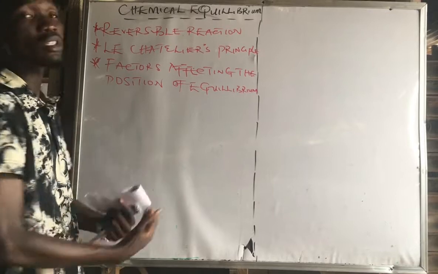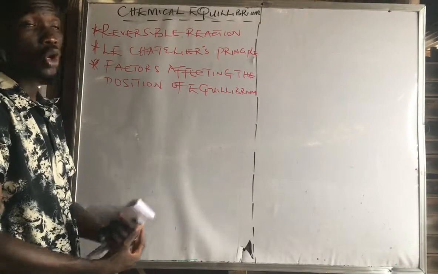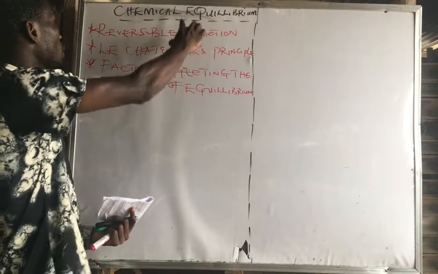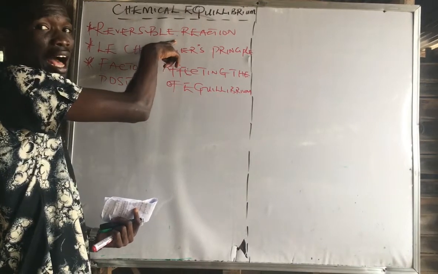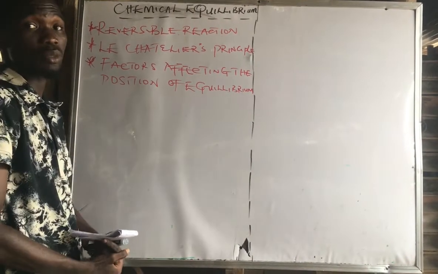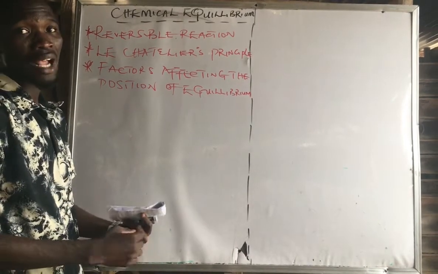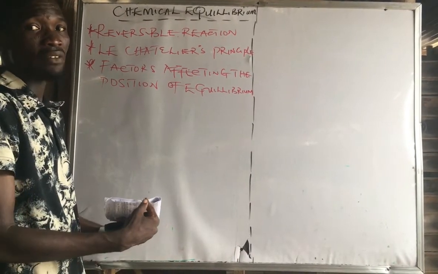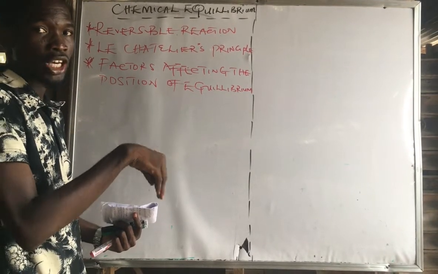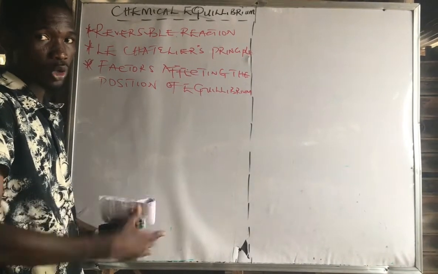So what is a chemical equilibrium? I can say that the definition of equilibrium is the same as that of a reversible reaction. A chemical equilibrium is one that does not have any change in the position of a chemical system.